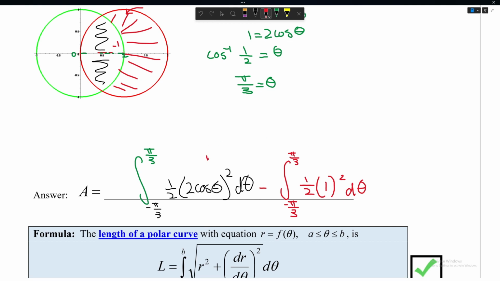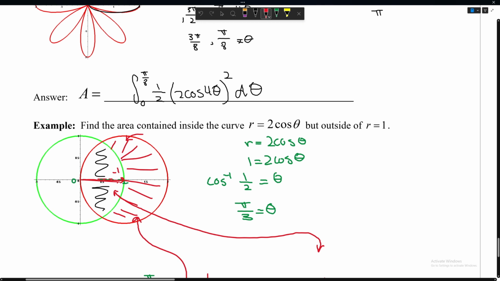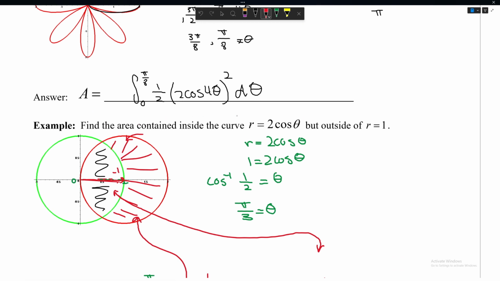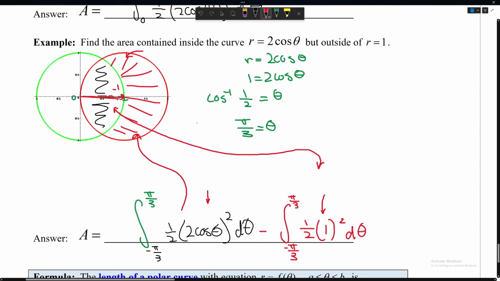This equation will give you the full circle, and this equation will give you your R1, because you see R1, and so this equation will give you that, and this equation will give you this. Because the area contained inside the curve R equals this says the area inside, so it gives you the R equals this of the full circle. Okay?